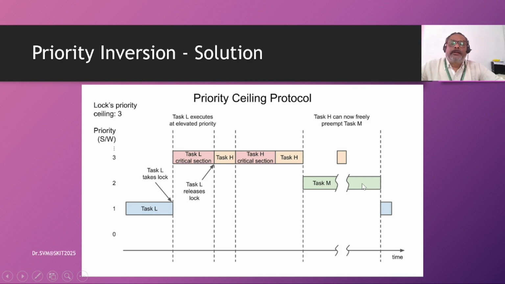And then the low priority task cannot continue its execution of non-critical part unless the higher priority processes complete their task. So at the end, after H and M processes complete, then L will continue and complete its task.